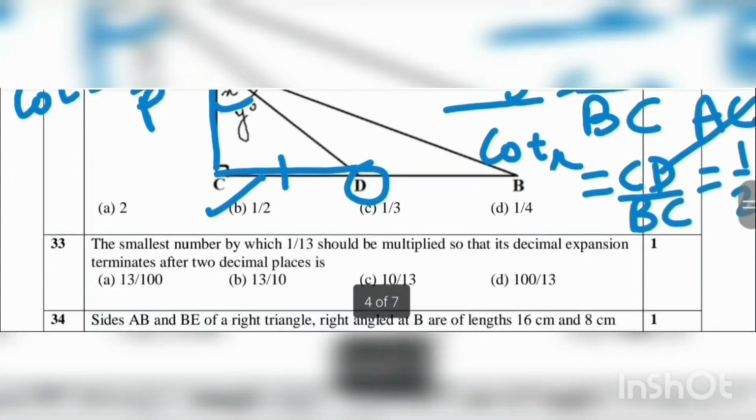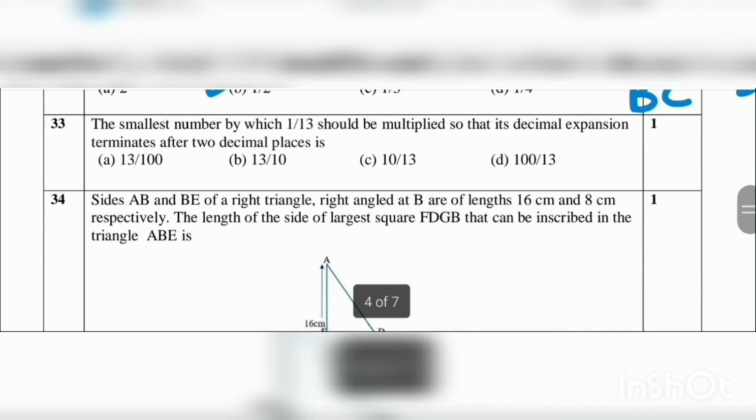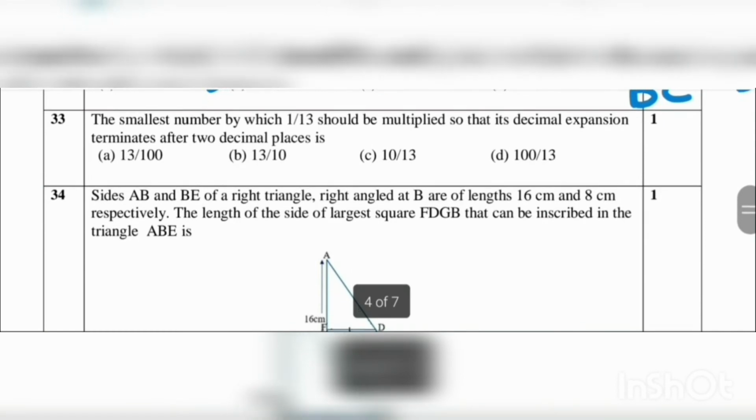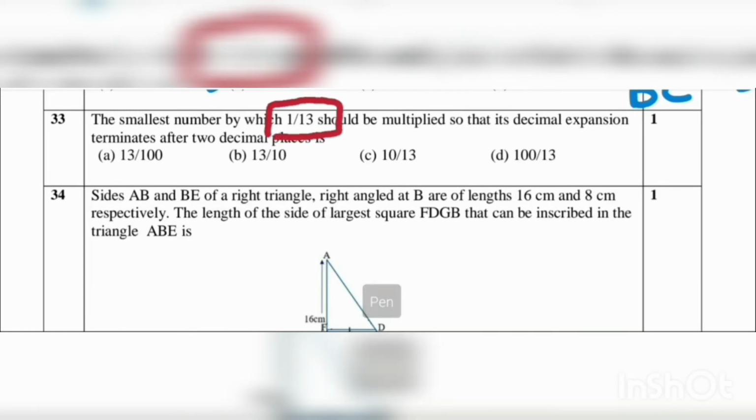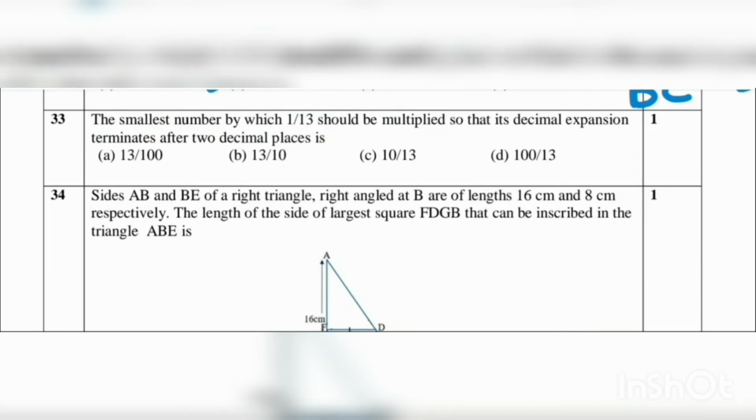Next question. The smallest number by which 1 by 13 should be multiplied so that its decimal expansion terminates. Now we already know that terminating decimal expansion has denominator of the form 2 raised to power m, 5 raised to power n. It should have prime factors only 2 and 5.